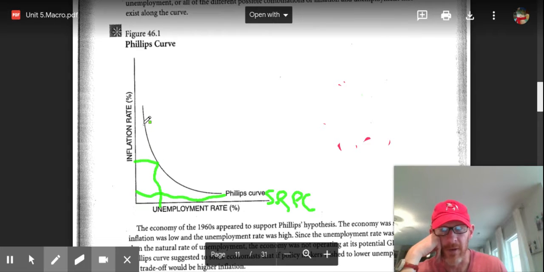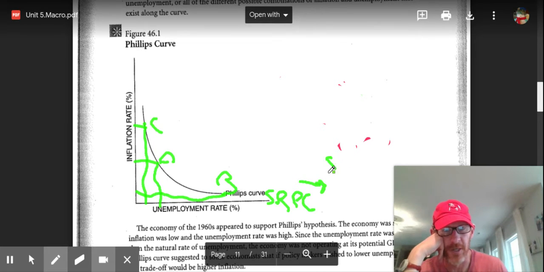So as we move along this curve, we'll call this point A. And if this is point B, where we have high unemployment but low inflation, and this is point C, we have really high inflation but really low unemployment. So anywhere we move along the Phillips curve is a shift of AD.